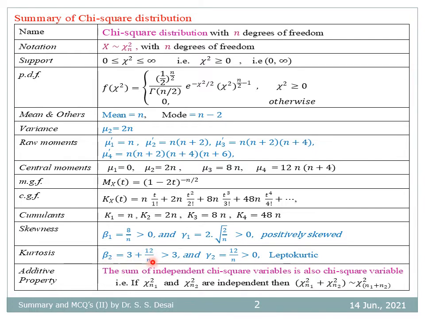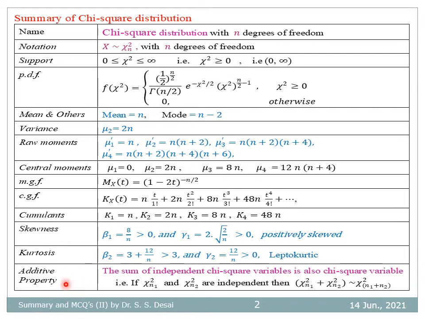As n is positive, this 12 divided by n is greater than 0. Therefore, the total quantity is greater than 3, and gamma 2 is equal to beta 2 minus 3, that is 12 divided by n, which is greater than 0. So beta 2 is greater than 3 and gamma 2 is greater than 0. That means the chi-square distribution is leptokurtic.